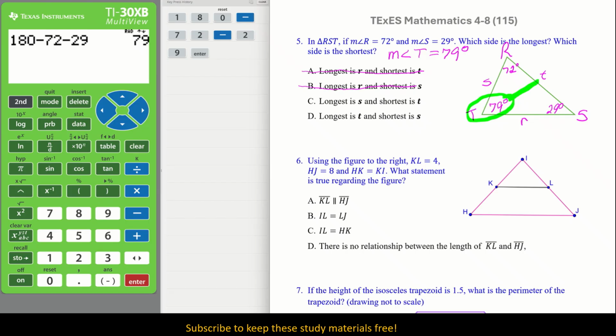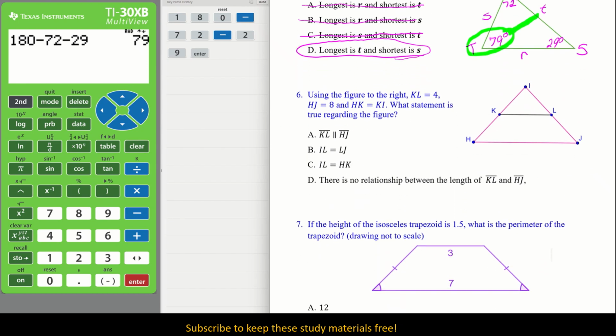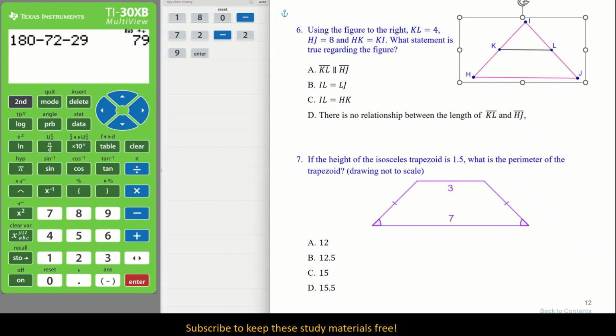And then, of course, when we look across from S, S is the smallest angle. So that would give us S being the shortest length. Okay, and that eliminates C. Okay, that's just kind of a question saying, do you know the properties? They're not asking anything very difficult, but if you don't know the properties, then you wouldn't be able to get it correct. Okay, now let's look at 6.